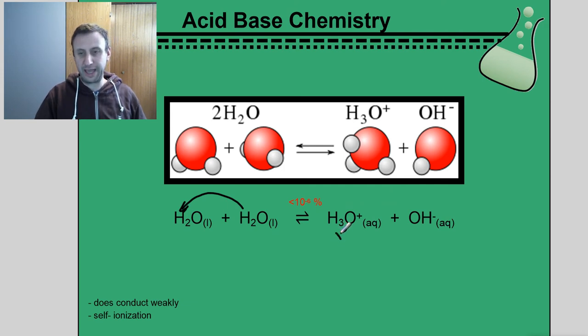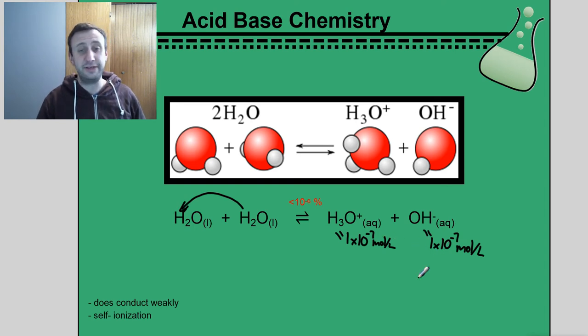And working ahead a little bit, the concentration of both of these will be 1 times 10 to the negative 7 moles per liter. Maybe that's somewhat familiar, for good reason. Both of these concentrations will be 1 times 10 to the negative 7 moles per liter.